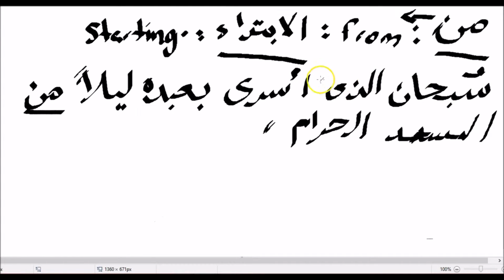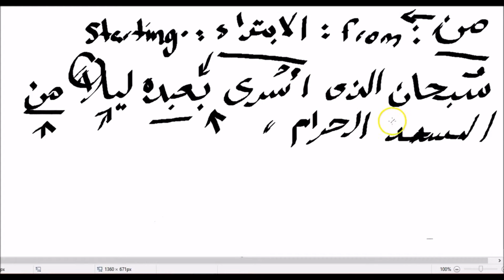Subhanal-ladhi asra bi'abdihi. This is ba. We'll discuss that later. This ba makes the word abd known as an ism. Laylan, tanween. So the word layl is also an ism. Our point is min.